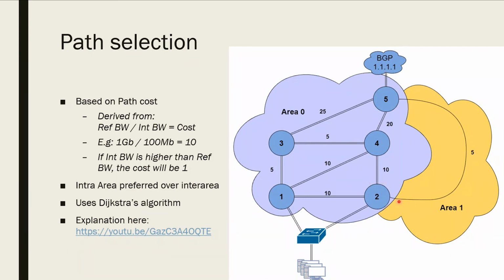So if you take the path from 2 to this BGP redistributed route, while it looks like a good path because it's got a low cost, actually 2 won't even consider this because this route is available inside its own area. So we would never pass through area 1 in this situation. It looks like a bit of a weird topology, but it's technically valid, but we would never pass any traffic through this, technically. So that is an introduction to OSPF.